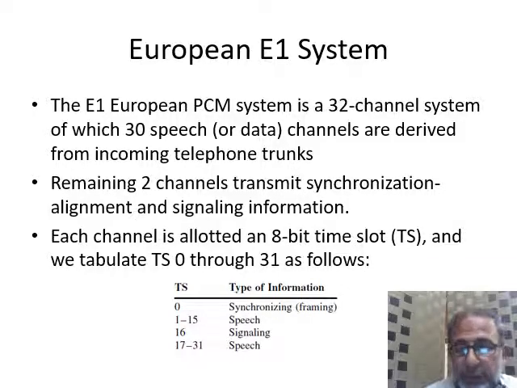Then the 16th one is used for signaling, and 17 to 31 it is used for speech again. So we have got 30 channels for speech, 1 channel for synchronizing and framing, and 1 channel for signaling, and that is the 16th.